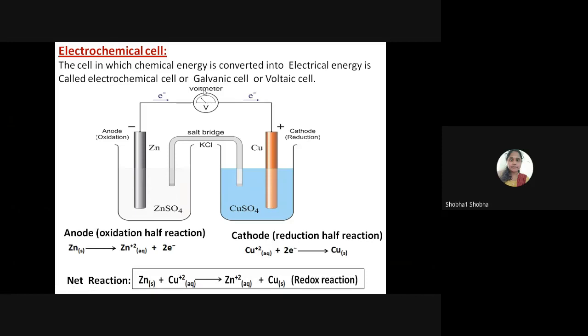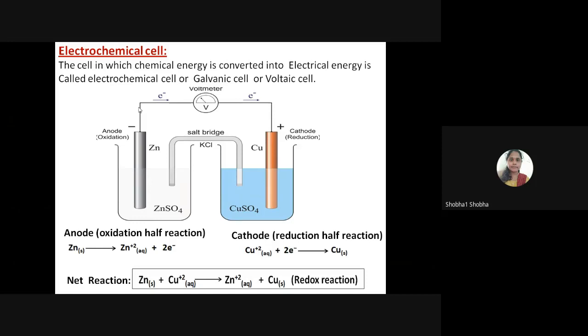And the Daniel cell is one example of an electrochemical cell. Even the Daniel cell works on the same principle, right? So, the working of this electrochemical cell: in one beaker zinc sulfate electrolyte is taken and a zinc electrode is dipped into it, and in another beaker copper sulfate electrolyte is taken and a copper electrode is dipped into it, right?